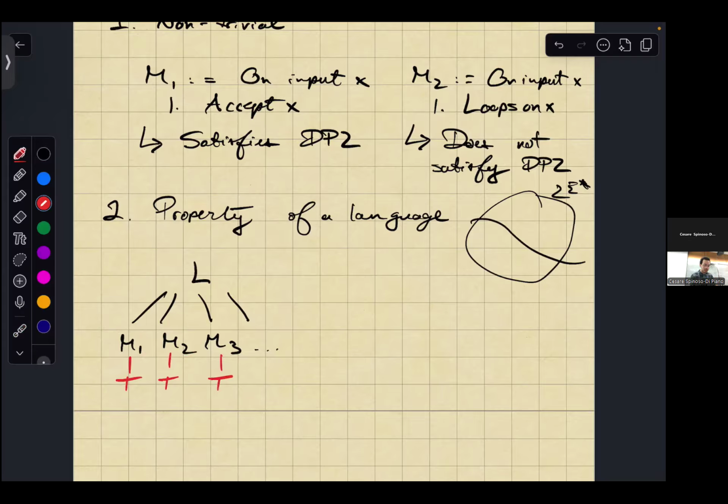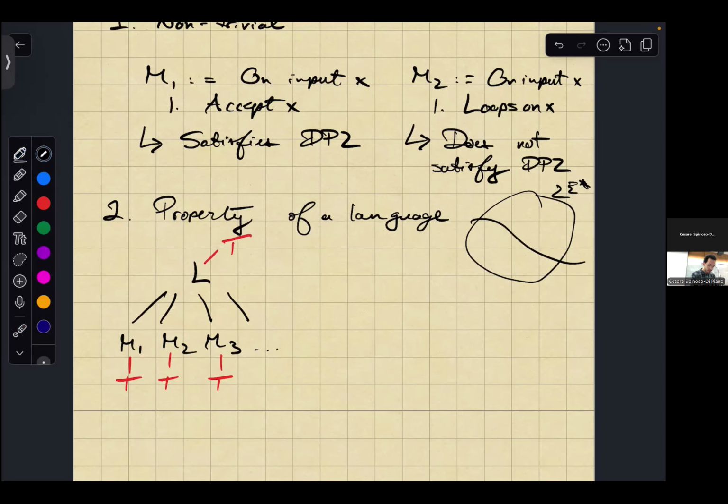So that means that it doesn't matter which representative of L you pick, the property is always true, which means that really it's a property of a language, right? Because what do all of these machines have in common? The language. They're all accepting the same language. So that would mean that the property evaluates to true for the language.